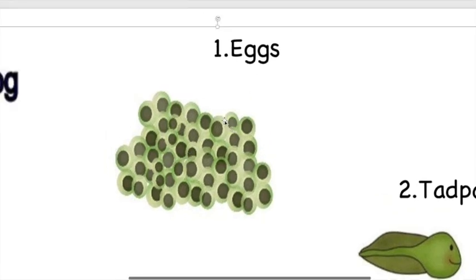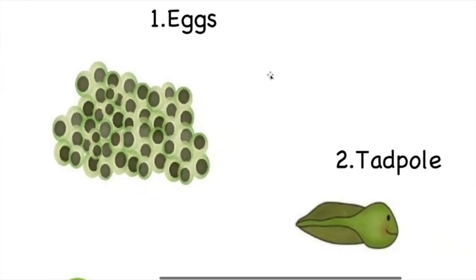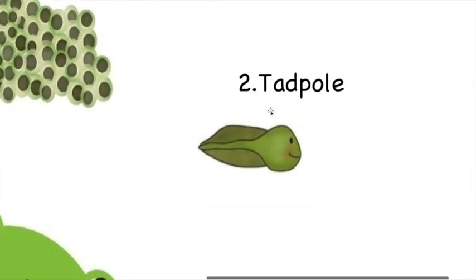Stage 1, we have eggs. E-G-G-S. Eggs. Stage 2 is a tadpole. Tadpole. T-A-D-P-O-L-E.